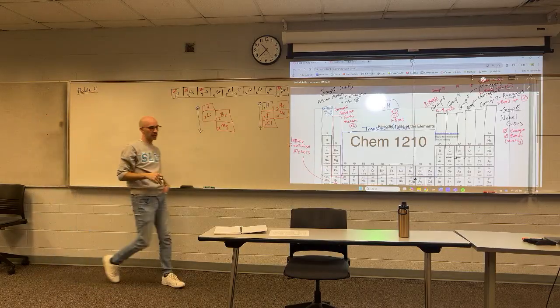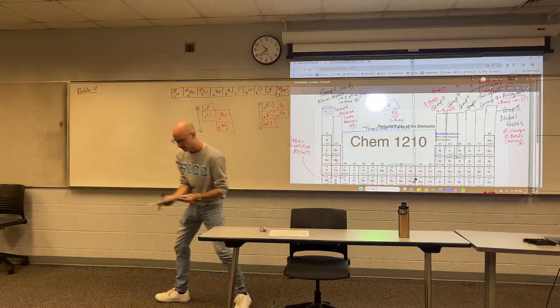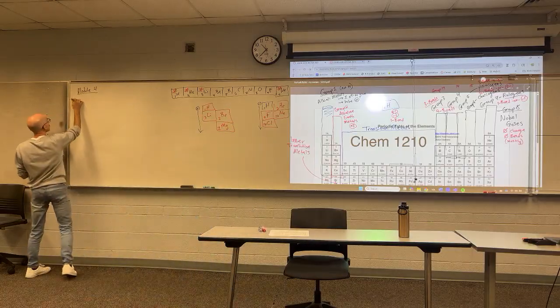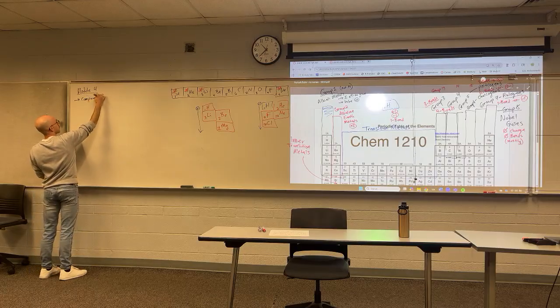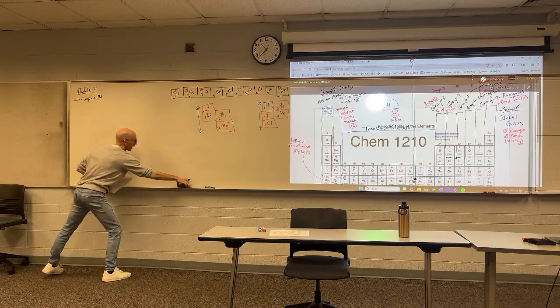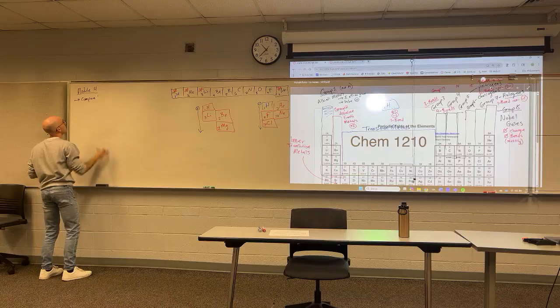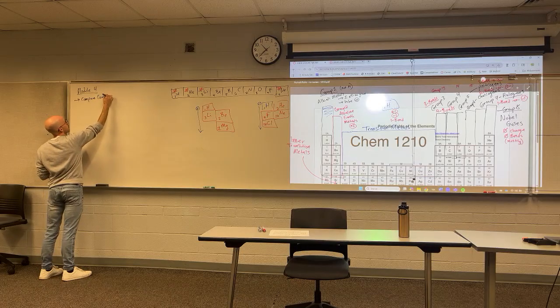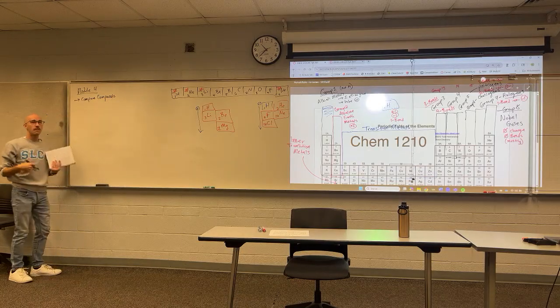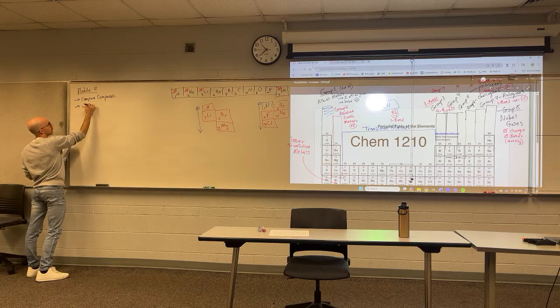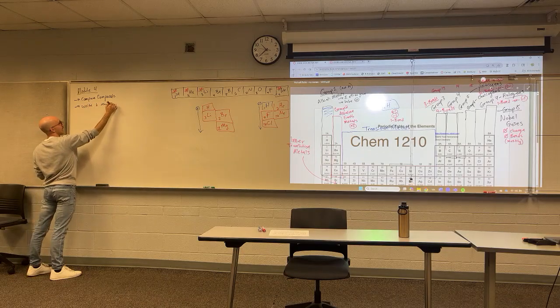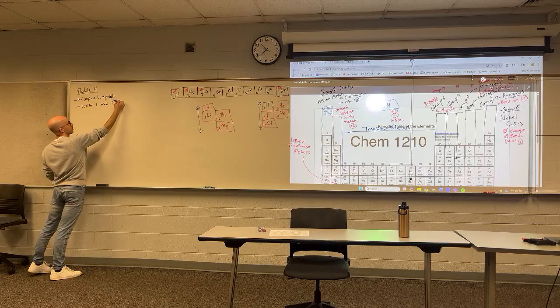Here are some of our learning objectives in Module 4. We're going to be able to distinguish types of compounds as being molecular or ionic. We're going to write and read chemical formulas.